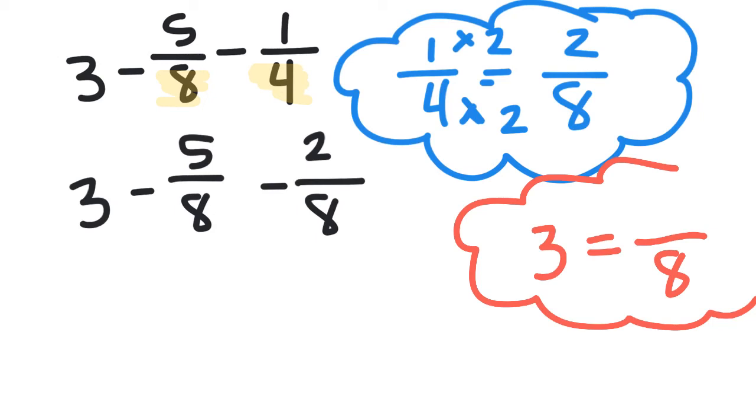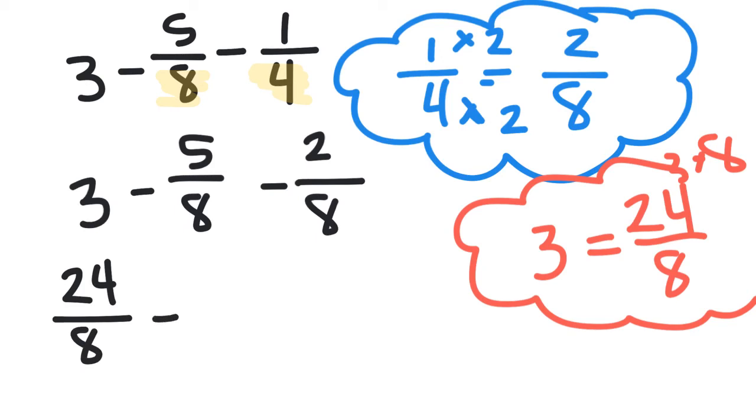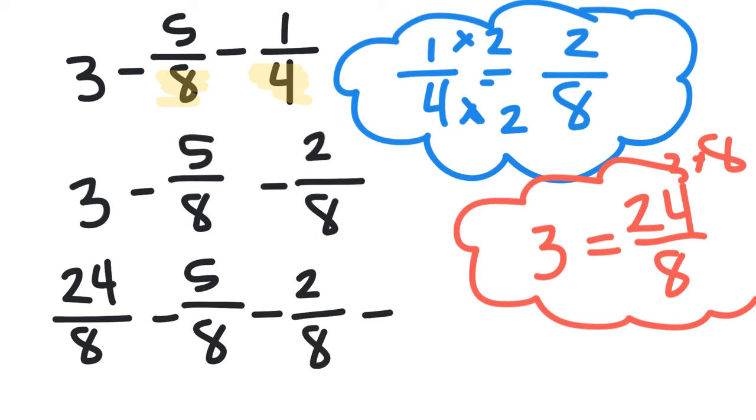That would be 3 times 8, because you ate 3 pizzas, each with 8 slices. 3 times 8 is 24. So let's write our equation one more time. Instead of 3 wholes, I have 24 eighths minus 5 eighths minus 2 eighths.